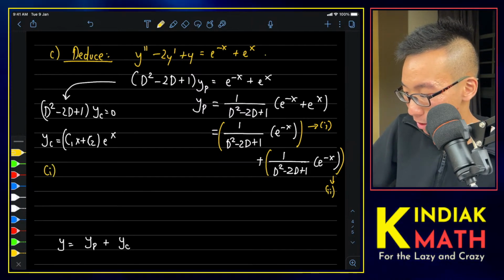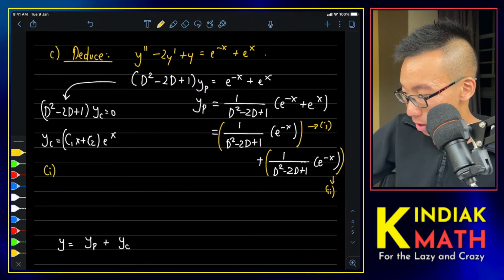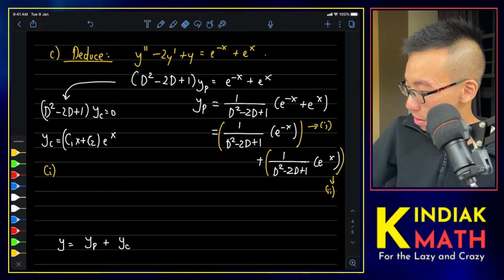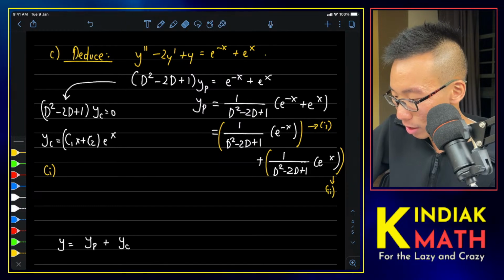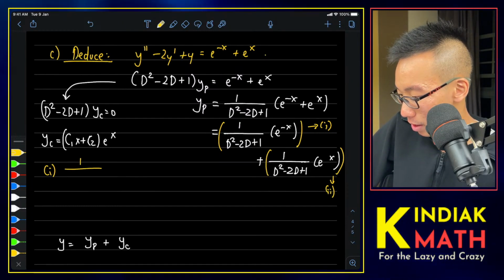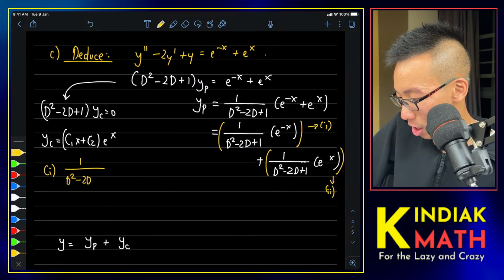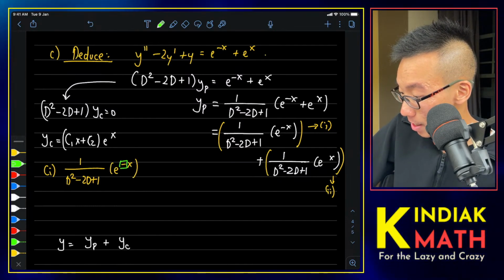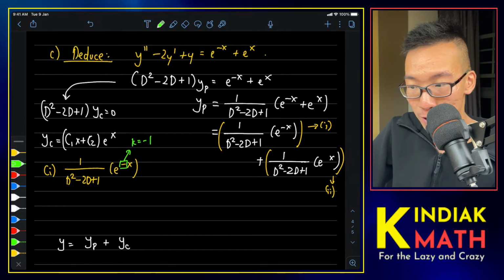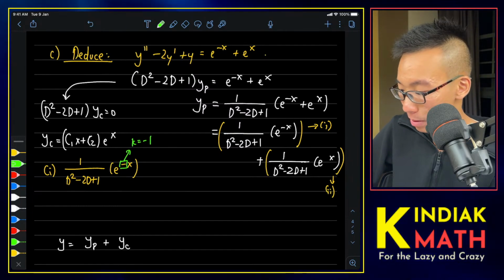Now, term 1 is, I think I made an error. This should be positive x. So for term 1, we're going to calculate this expression. And in this context, k equals minus 1. So let's just check that we can plug it in.